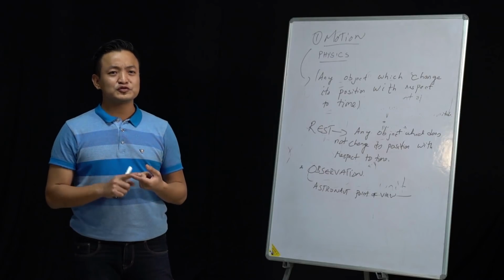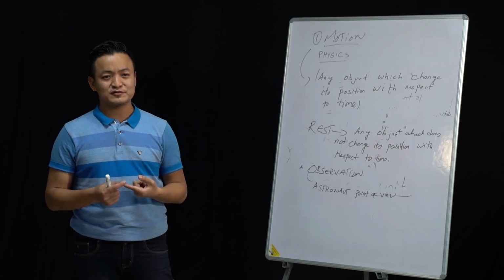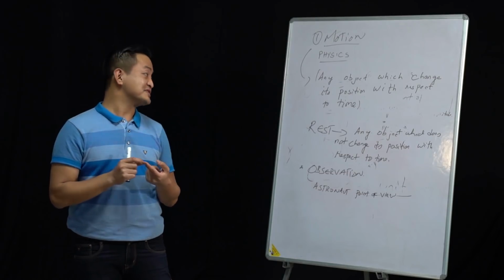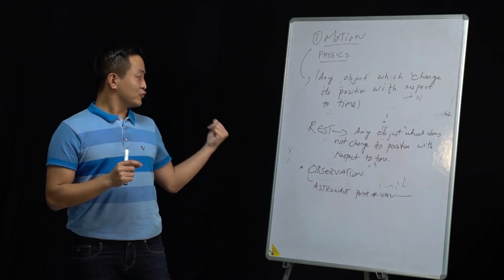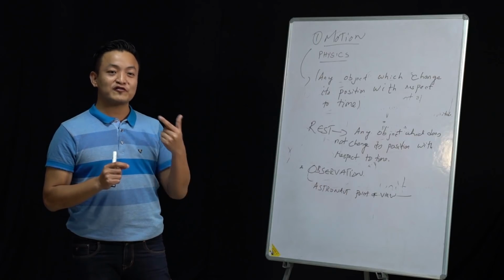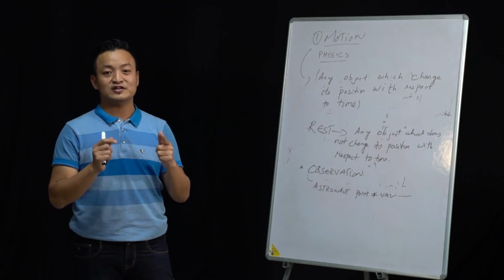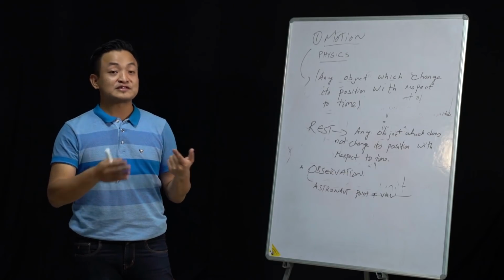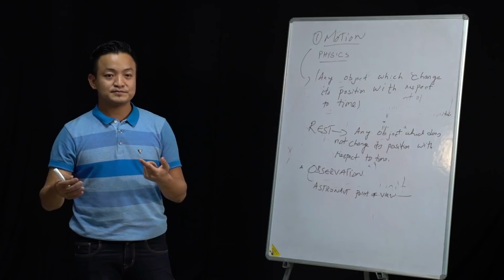Clear? So you often get a multiple choice question where the question will be very simple, but the student always tends to make mistakes. So one thing you have to learn from here is that you have to read the question carefully. Clear? Because from the astronaut point of view, it's going to be a different context.